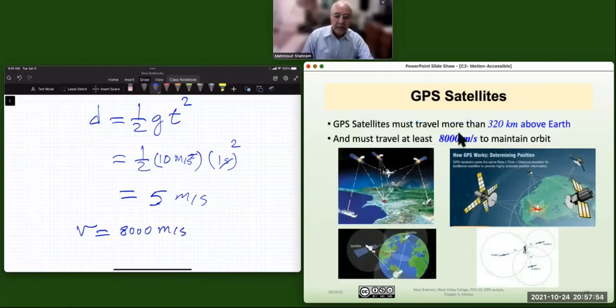So that's what we do. We shoot the satellite way up there beyond the atmosphere, about 320 kilometers above the Earth. And then we give it a horizontal velocity of 8,000 meters per second. That way it would maintain the curvature of the Earth. Now, there are other satellites, GPS satellites, you have 3 of them to triangulate the position of any object.